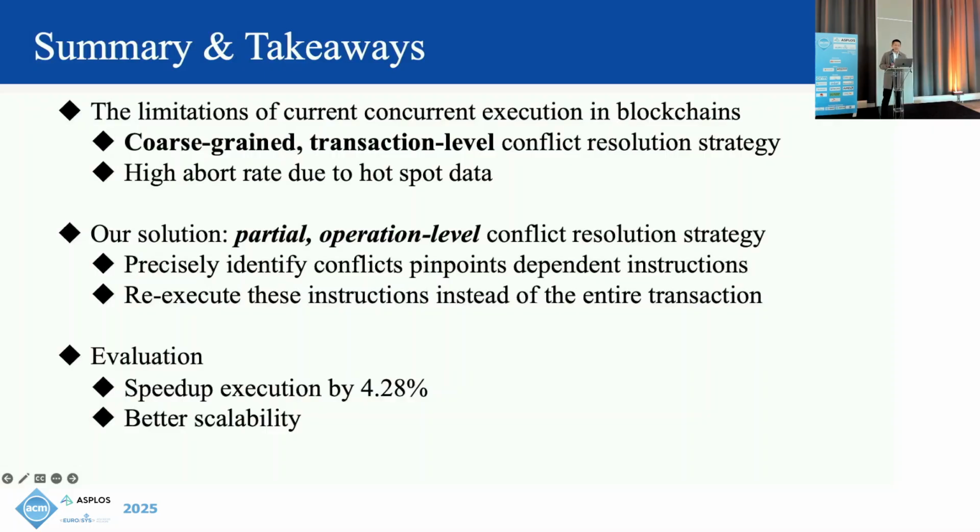By using static single assignment operation logs, we can precisely identify dependencies among instructions. We selectively re-execute only the conflicting operations rather than restarting the entire transaction. Finally, parallel EVM achieves remarkable improvements in performance and scalability.